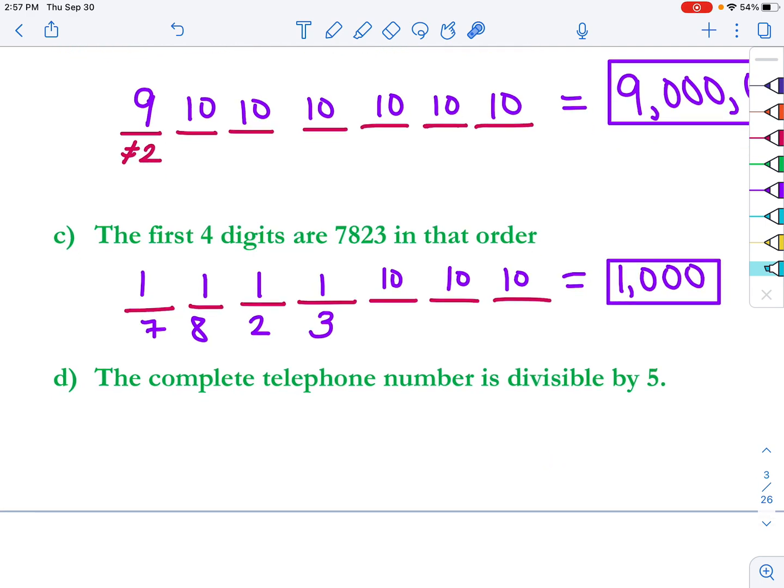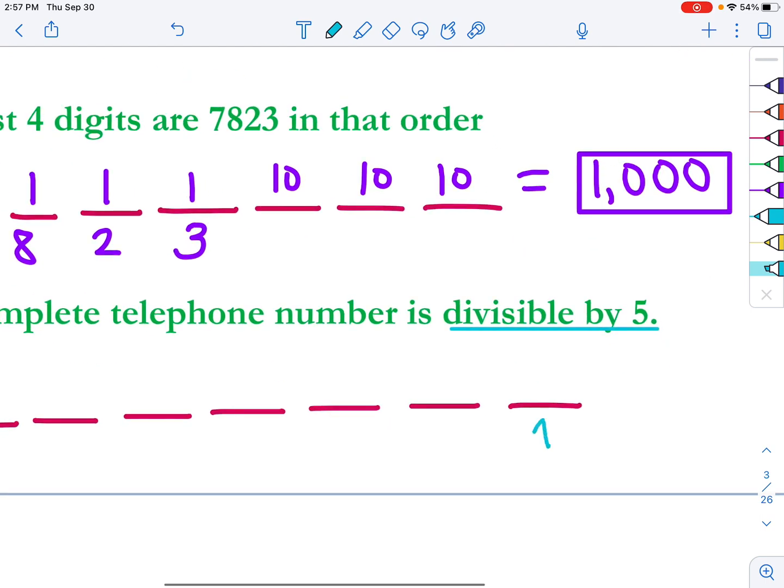All right, what about this one? A 7-digit phone number, 1, 2, 3, 4, 5, 6, 7. They're saying that the phone number has to be divisible by 5. So what do we know about numbers that are divisible by 5? Well, they have to end, that means this last number, in 0 or 5, right?